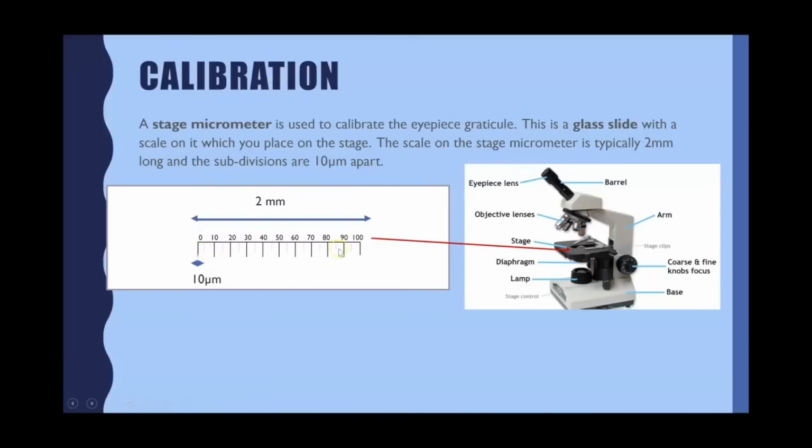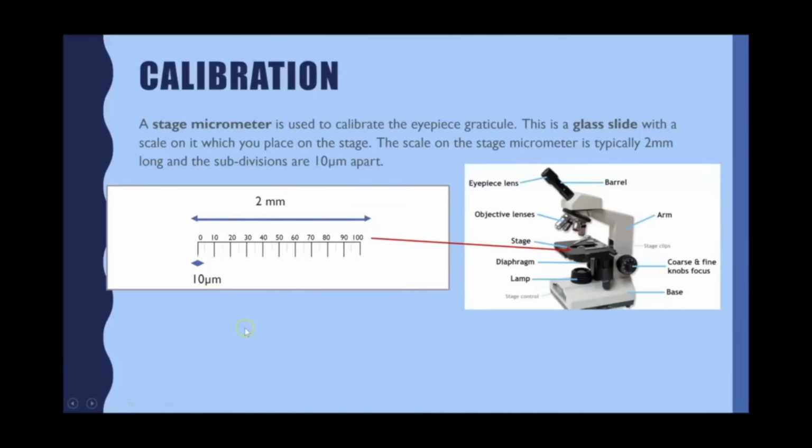Mine isn't quite to scale, but the scale scratched onto this piece of glass is 2 millimeters long, and each single division is worth 10 micrometers. I've only drawn every 10 divisions on the diagram, as that's all I could fit in. So one division is worth 10 micrometers, so 10 of these divisions is 100 micrometers long.